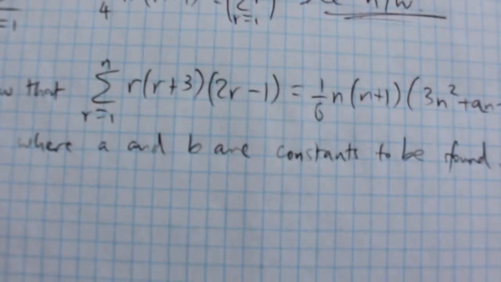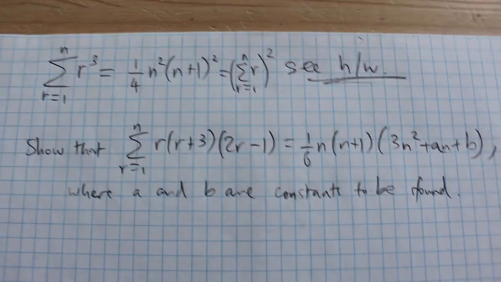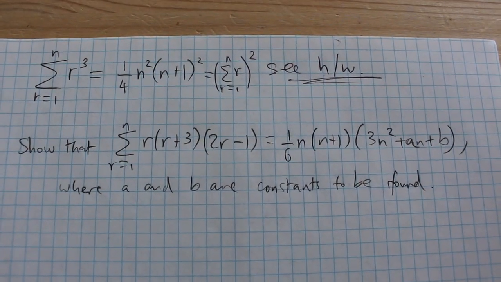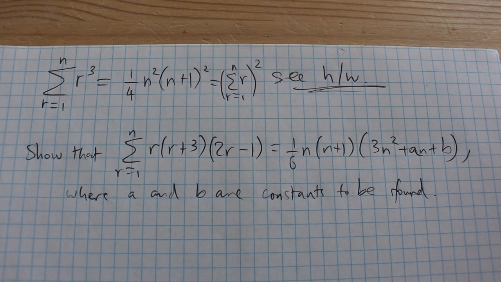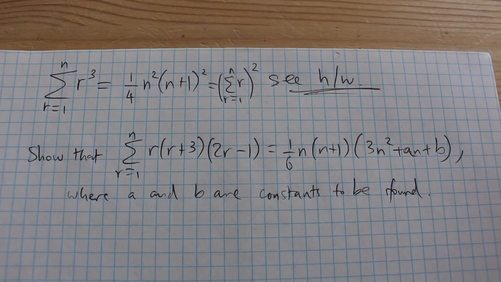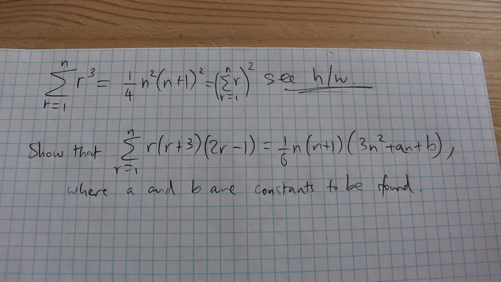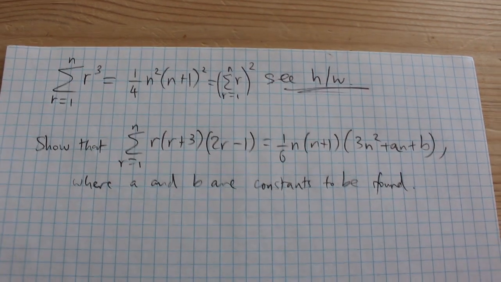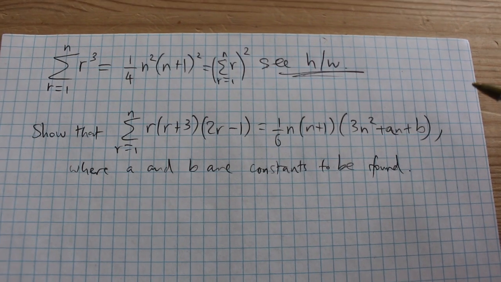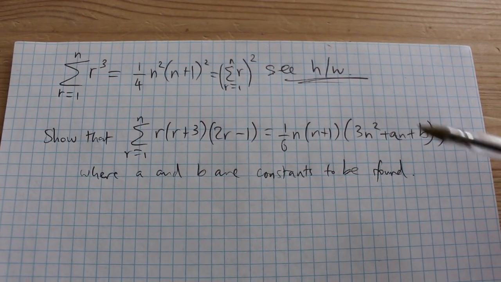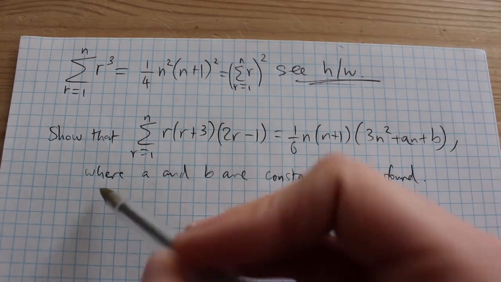Okay, so now on to an example. We want to show that the sum from r equals 1 to n of r times r plus 3 times 2r minus 1 is 1/6 n times n plus 1 times 3n squared plus an plus b, where a and b are constants to be found. In order to do this, we can again use the standard results we know for the sum of squares, the sum of cubes, and so on.